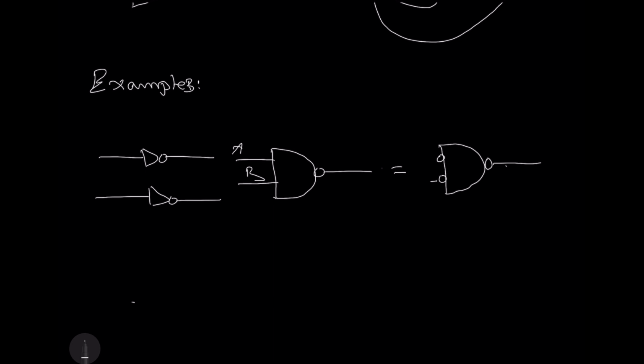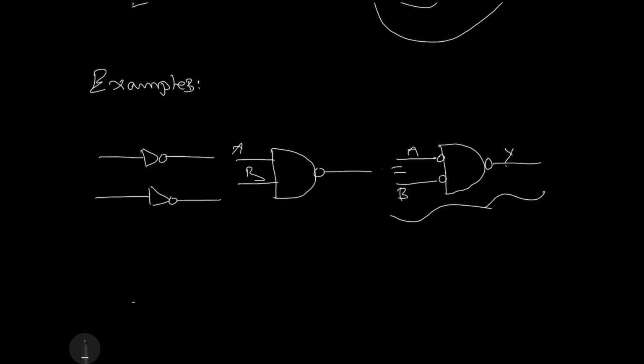So we have two bubbles added to the input side. So we'll have input A, input B, and that is still output Y. So that will be our new logic gate after adding two inverters to the input side. Remember, we still have an inverter to add to the output side of this.